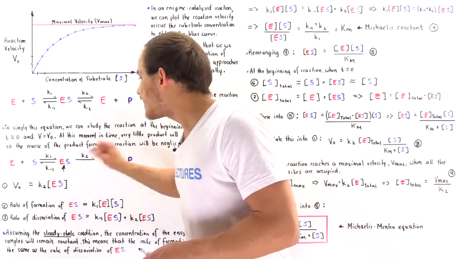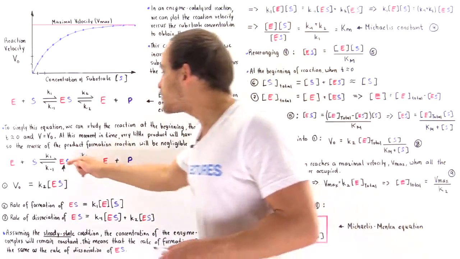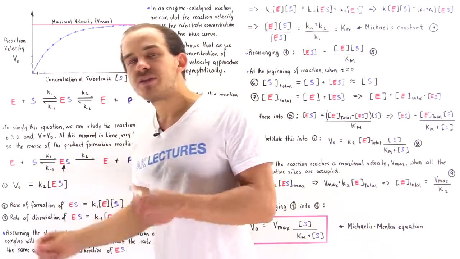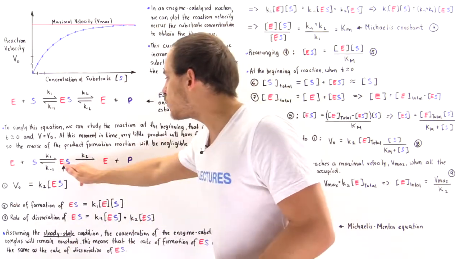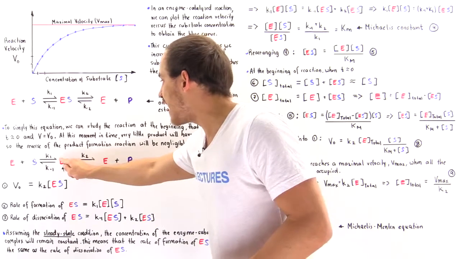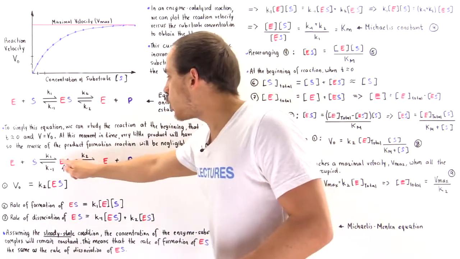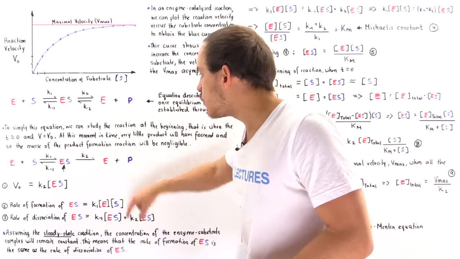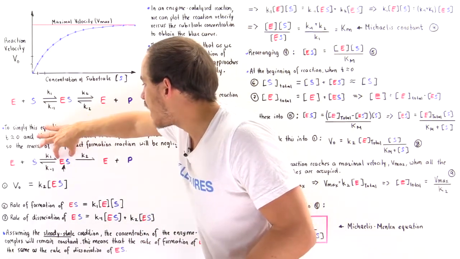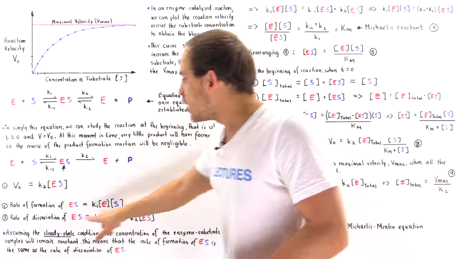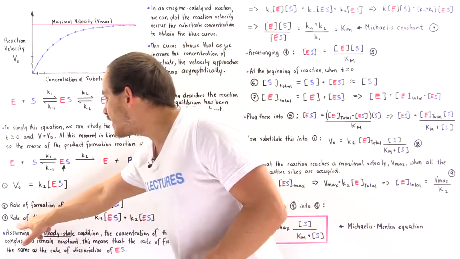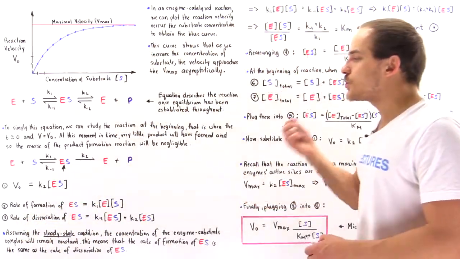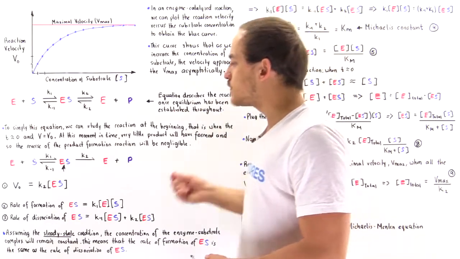Now, our ES complex doesn't only dissociate going this way, there's also a probability that it will dissociate going this way. And when it dissociates going this way, we have K2 multiplied by the concentration of ES. So this basically describes the entire rate of dissociation of the enzyme substrate complex.